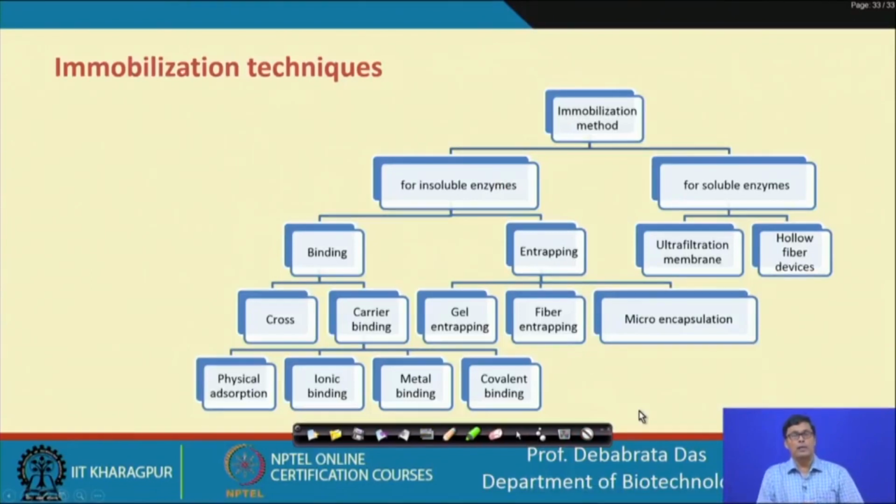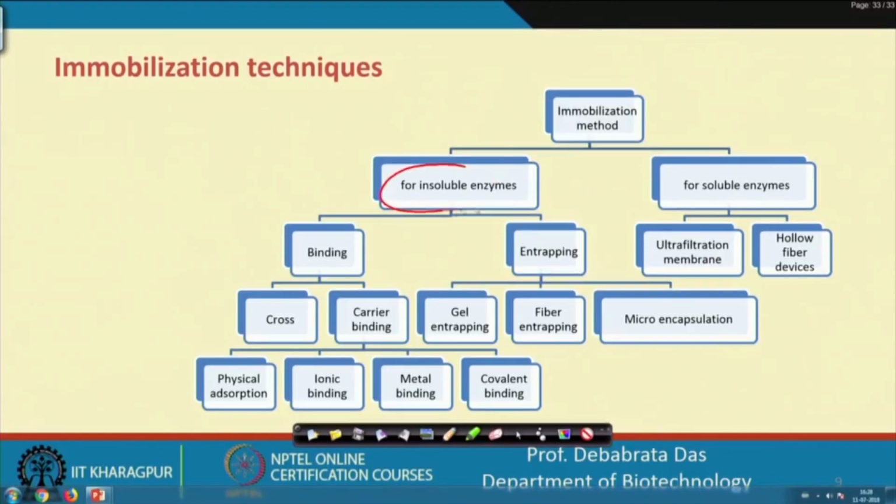Now, if you look at immobilization techniques, there are different techniques, and broadly enzymes can be classified into two types: insoluble enzymes and soluble enzymes. In the case of insoluble enzymes, the immobilization techniques used are broadly divided into two types: binding and entrapping.